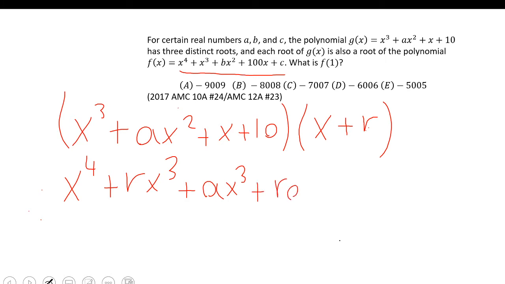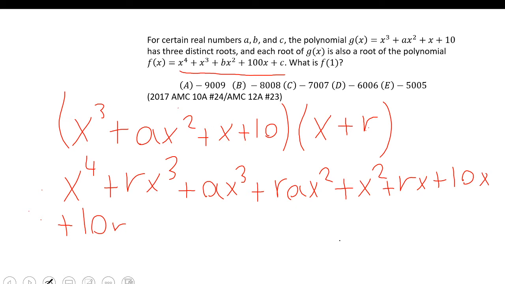That's a weird term. Then I multiply, and I have x squared, plus rx, plus 10x. And then finally we have 10r. That is a long expression.